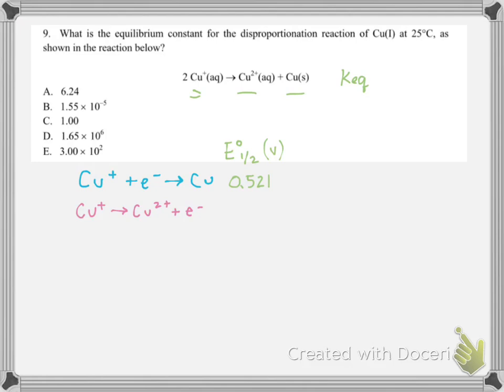Okay. And on the table, you have to flip the reaction to get the oxidation reaction. And when you do that, you have to flip the sign of the value. So when you find this reaction, flip the sign, it ends up being a negative 0.153 volts.